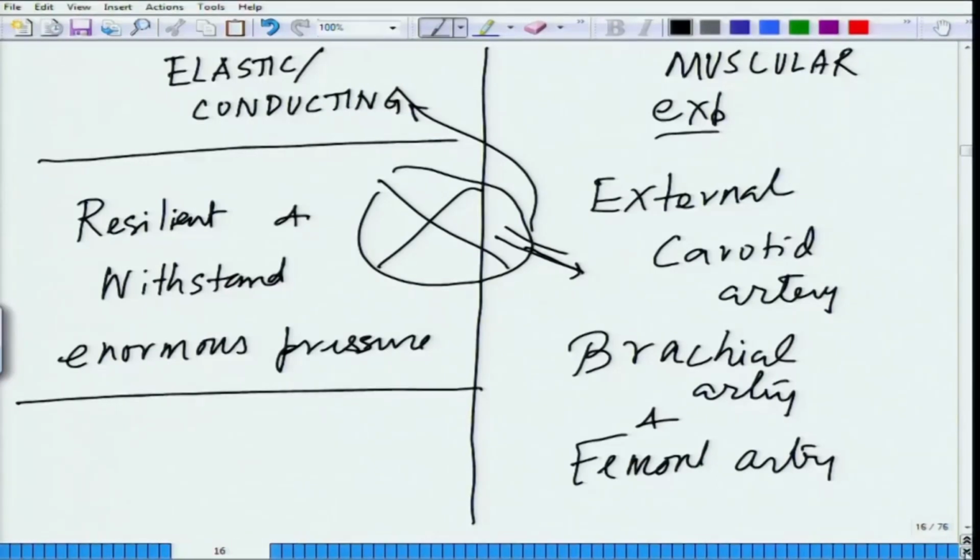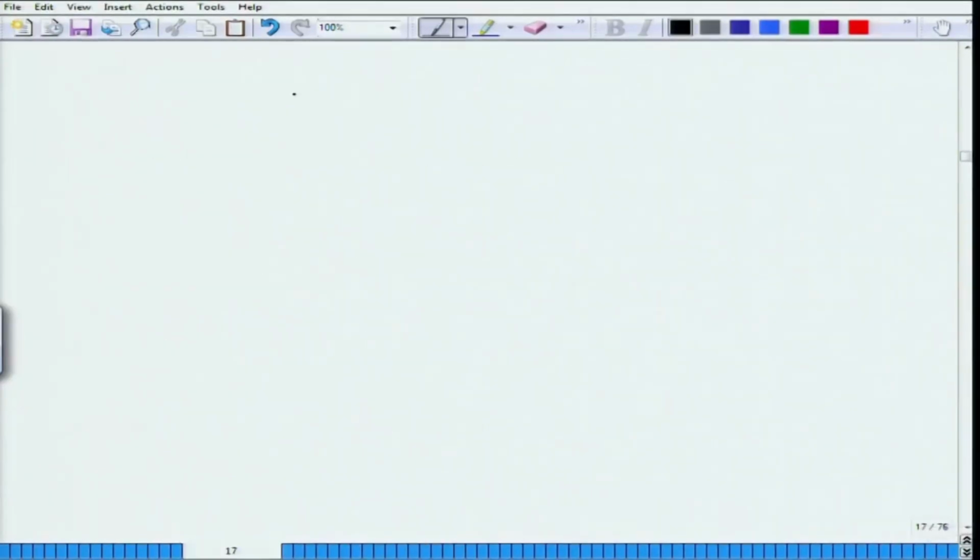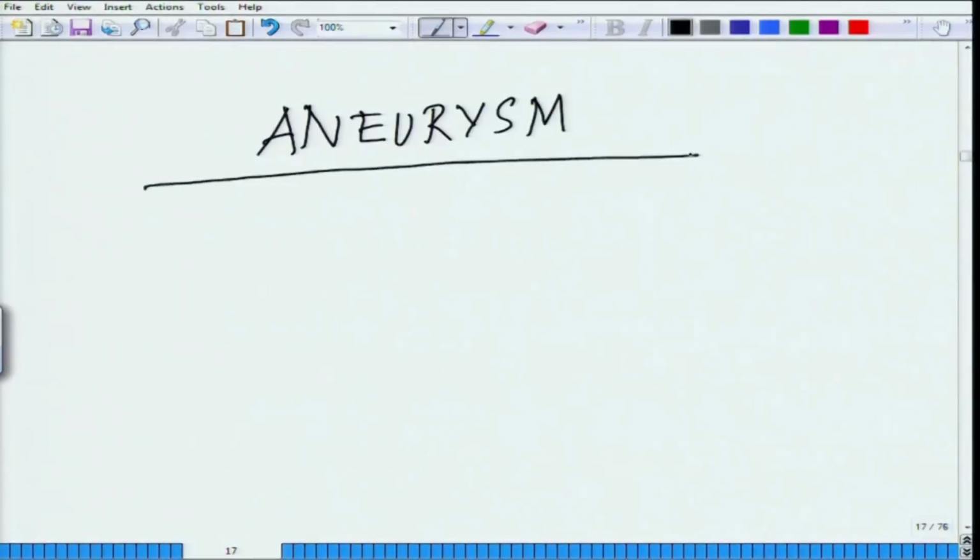There is one disease or one pathological condition which I wish to bring to your notice. You may hear this or see this somewhere written, this is the word aneurysm. What exactly is aneurysm?